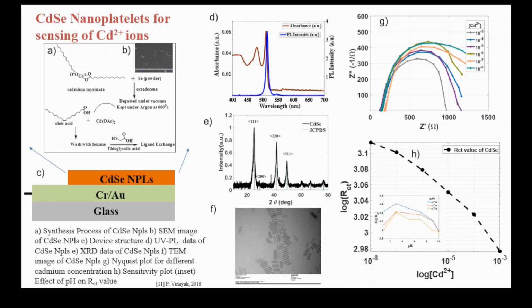That is why with the shift, my charge transfer resistance was changing, and the response to the change in concentration of cadmium ion is in terms of charge transfer resistance and not the double layer capacitance, because there was no charge accumulation or charging or discharging of my electrode. There was the binding of cadmium ion over the CdSe nanoplatelet that I was using as a working electrode.